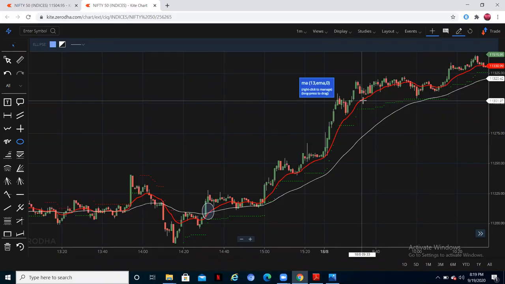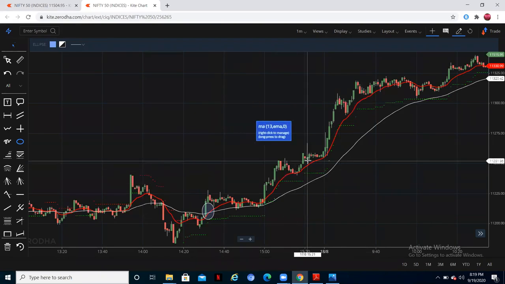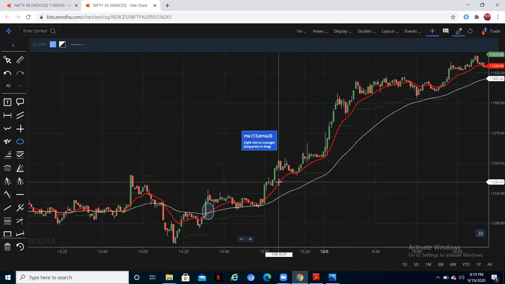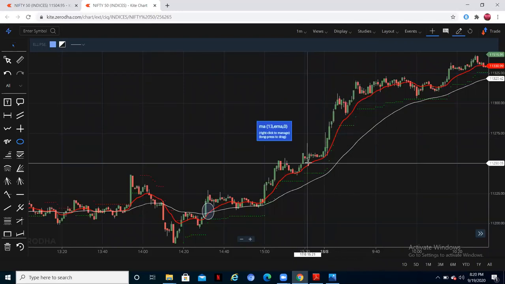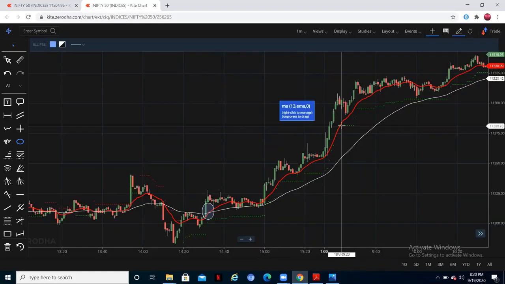When the stock is bullish, that means the stock price is going to increase. So in this scenario, you will always be buying the stock. You're never supposed to sell it. This is your first basic: when the red line is moving above the white line, always buy the stock. This is a buying trade, never sell it.